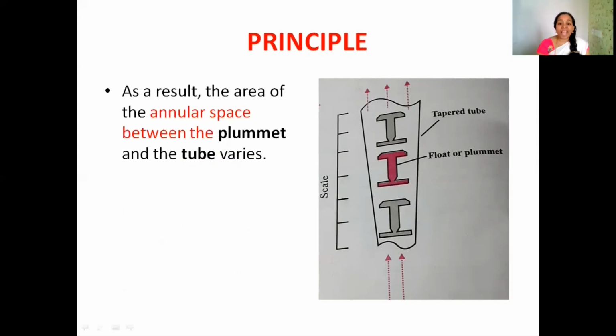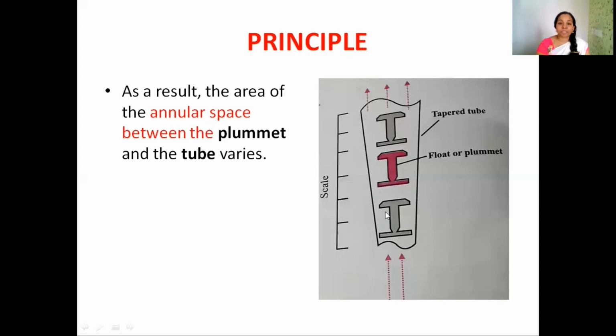As a result, the annular space between the plummet and the tube may vary. If our plummet is here, the annular space between the plummet and the tube is different from this region. If the flow rate of liquid is very low, then our plummet will be in this position.